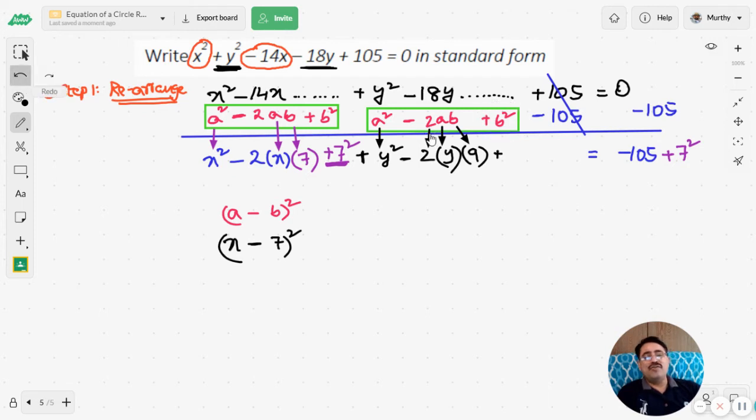Because we are trying to complete this square, it should be 9 square. So this 9 square is not given in the question. So if you are adding, do the same thing on the right hand side.